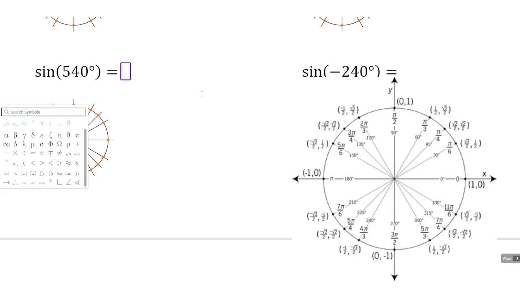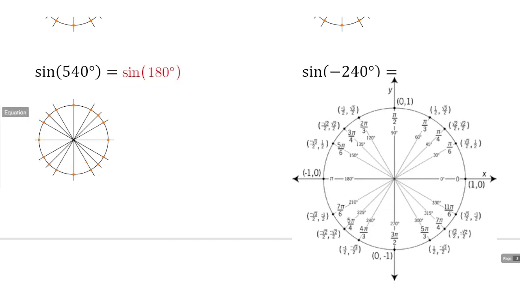So this is going to be equal to sine of 180 degrees. 180 degrees is going to be right here. And since the sine value reports back the y-coordinate on the unit circle, you can see that the y-coordinate is 0. So sine of 540 degrees is just 0.